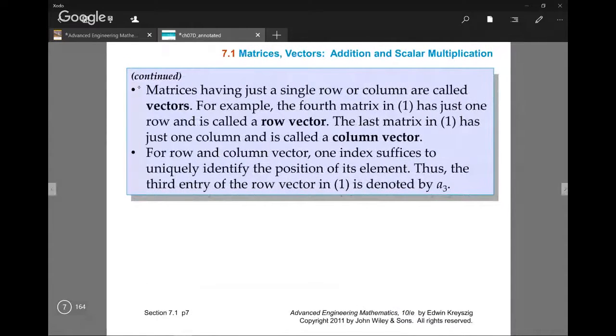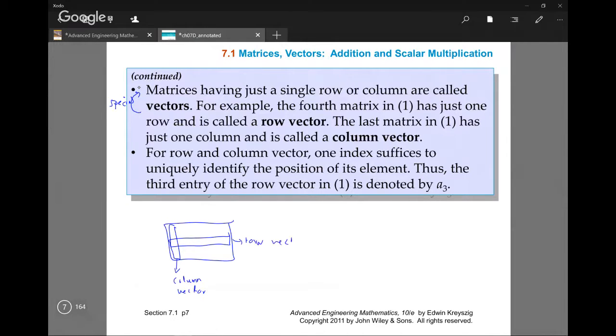Special vectors are special cases. So vectors are special cases of matrices. So a matrix which has just a single column or a single row is called a column vector, or a row vector.